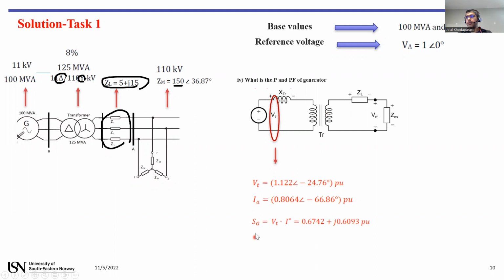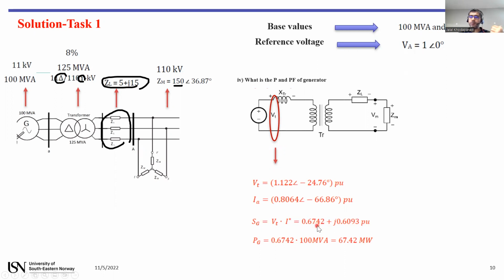And we know that the complex power will be the voltage times the conjugate of the current. The complex power in per unit can be calculated based on this formula. The real part of the complex power is the active power and the imaginary part is the reactive power.